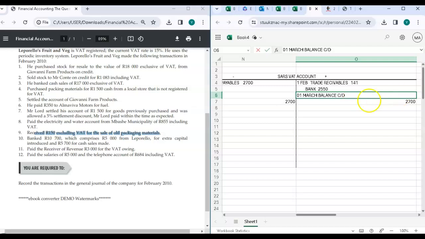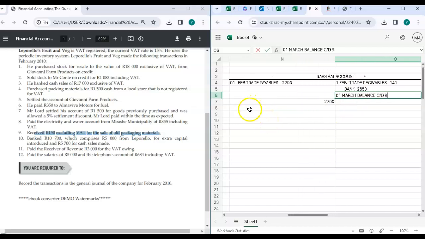and the balance carried down will be this amount minus that, because all these amounts plus must give you that. So if you go to the calculator and say 2,700 minus 2,550 minus 141, you get 9 rand. Now after you say carried down, it is brought down, and brought down is on the opposite side, right?